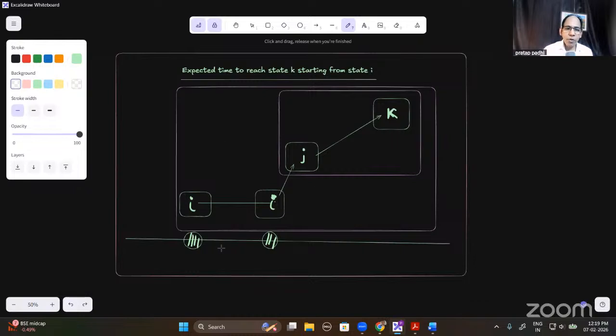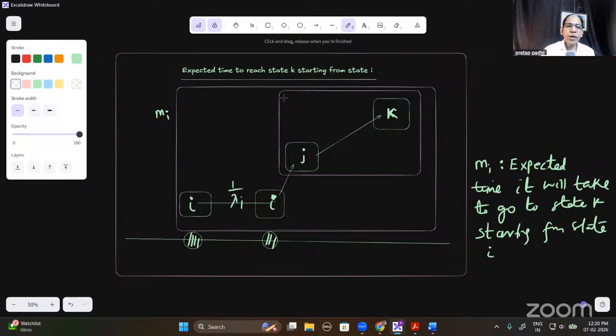What we are doing is similar. If you are able to handle this part, what is the average waiting time? 1 upon lambda I, we write, right? So if this whole is Mi, the ith state to K, what is Mi? Mi is the expected time it will take.